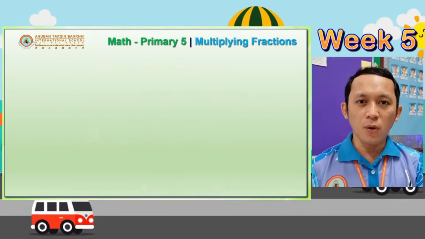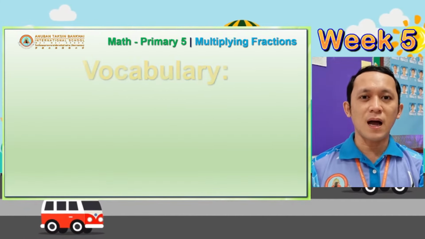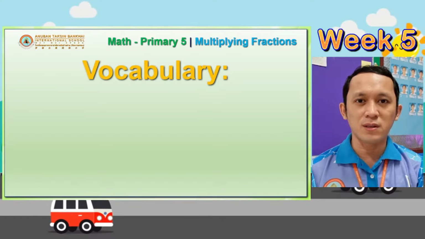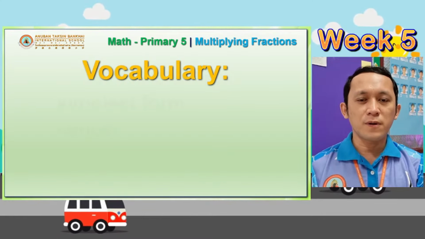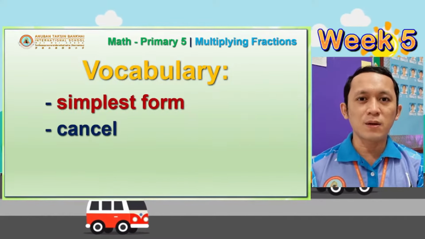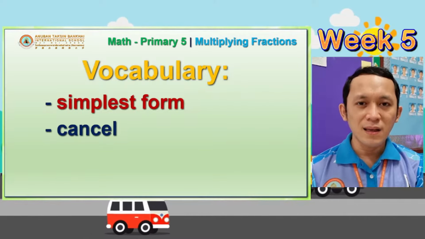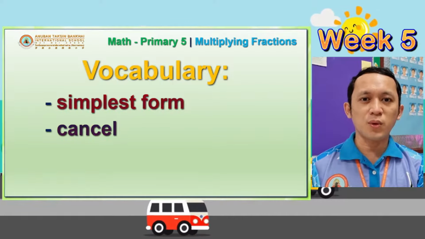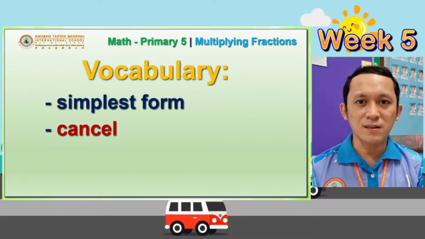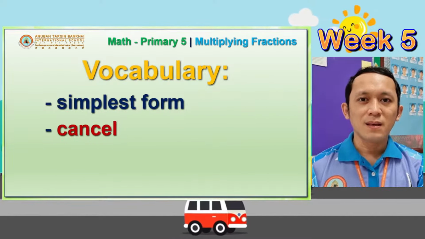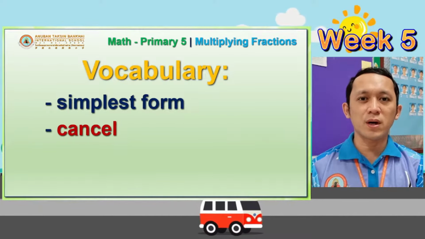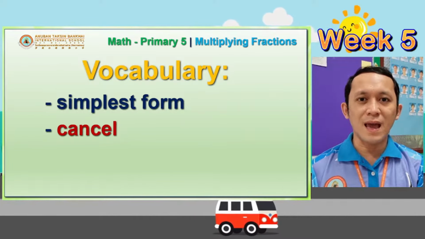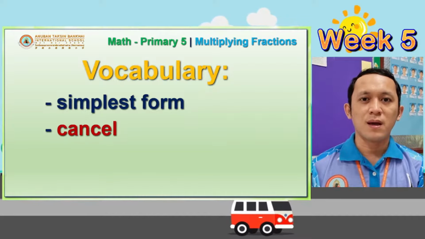Okay, so before we continue, let's have first our vocabulary for today. We have first, simplest form. Our second word, we have cancel. So these two words, we will be using as we progress in our discussion.